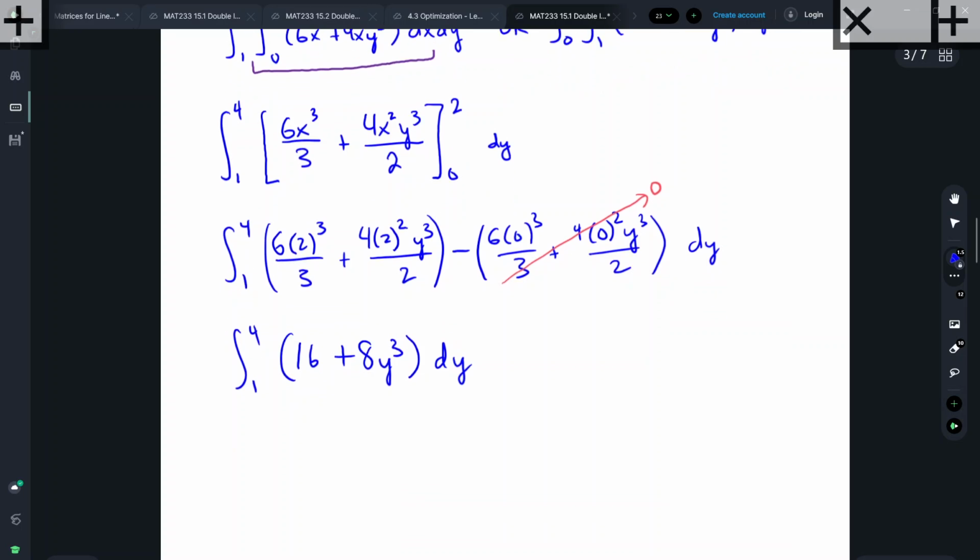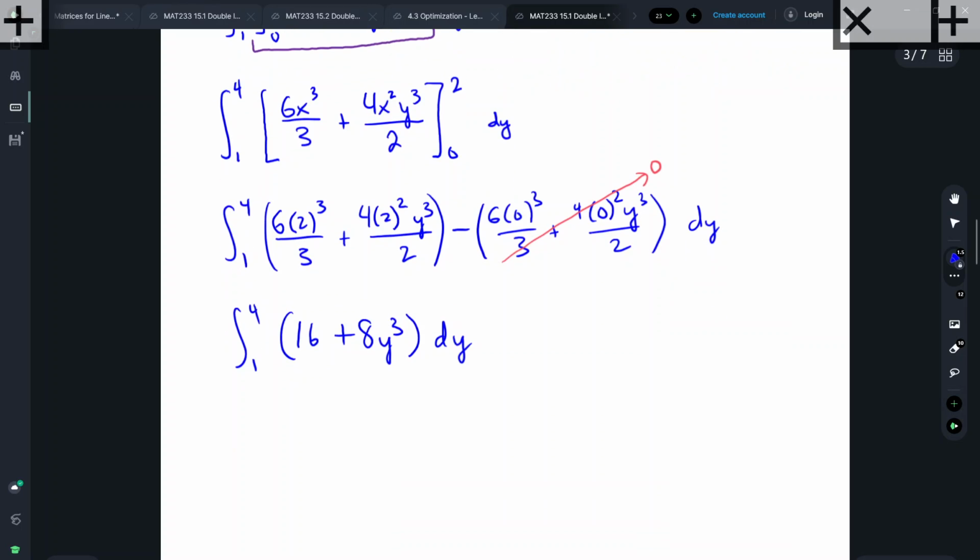So we just calculate this as we do in Calc 1. The antiderivative of a constant is the constant times the variable, which in this case is y. And then here I do the power rule for integrals. So the power goes up by 1, divide by the exponent, and then I evaluate at the endpoints.